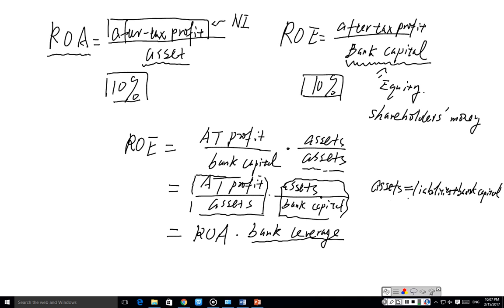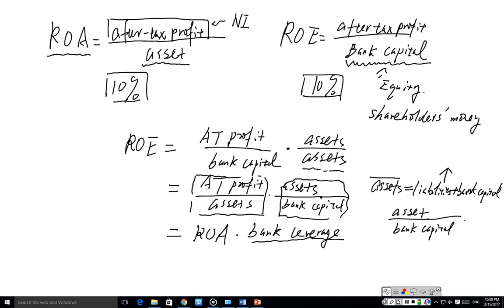So suppose the asset remains the same, and the company uses more liabilities to finance asset. What happens to the bank leverage, this ratio?